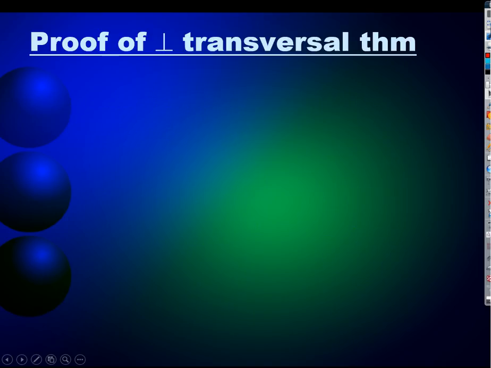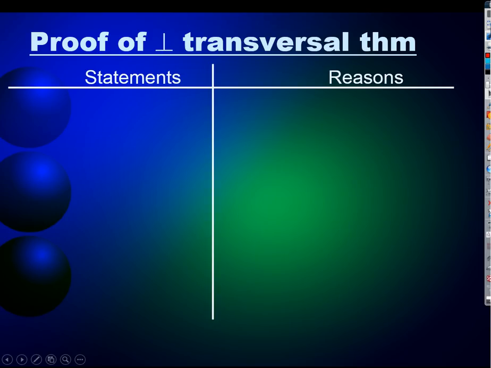Let's take a quick look at a proof for that. So we've got our statements and the reasons that allow us to make those statements. Just like before, we know lines L and M are parallel, and we also know that the transversal is perpendicular to one of those 2 lines, so we'll say line L. That's given to us. Now what can we do? Well, we need a picture.